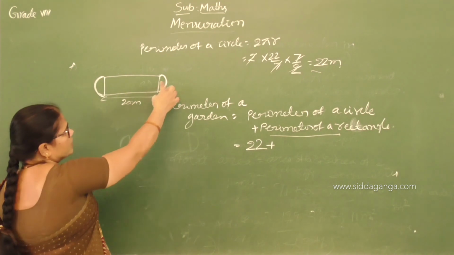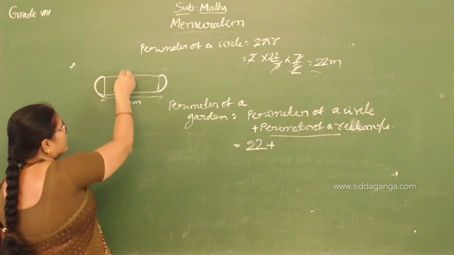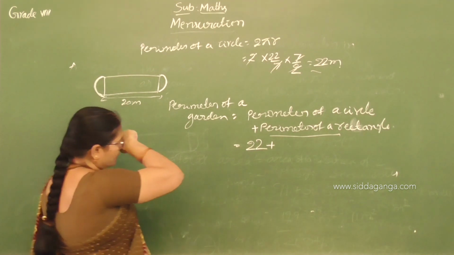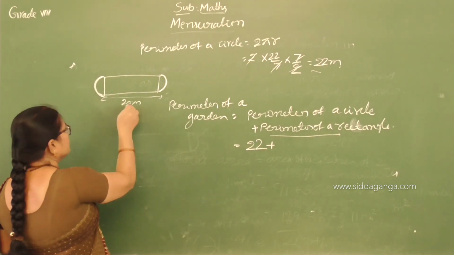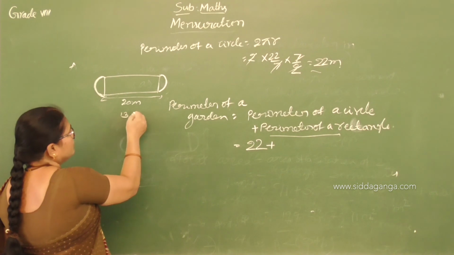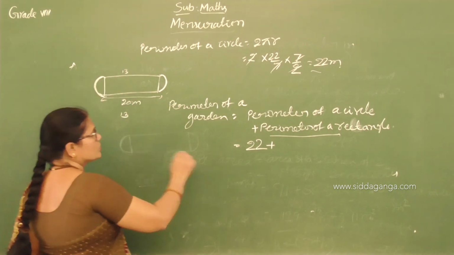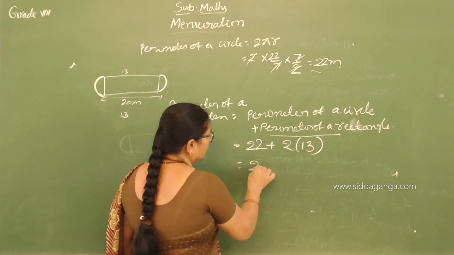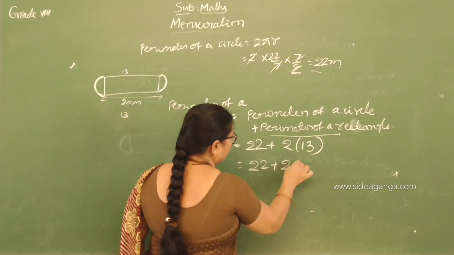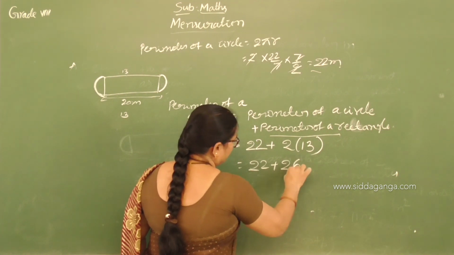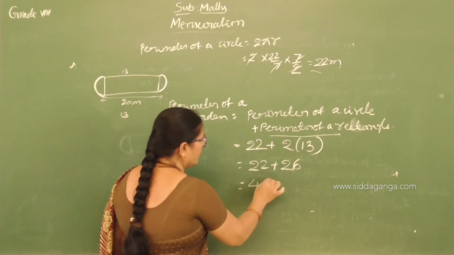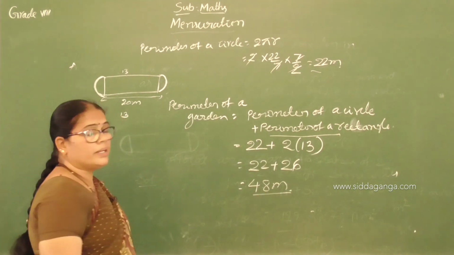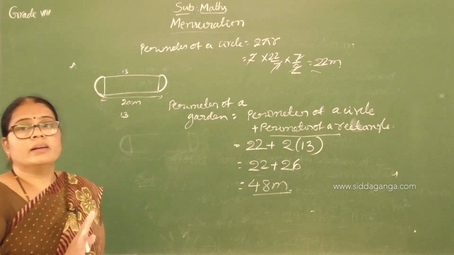Here two semicircles are attached at the two ends, so we can take only the lengths of the rectangular field. This one length is equal to 13, and this one is also 13. So 2 into 13 is 26, and 22 plus 26 will be equal to 48 meters. This is the perimeter of the rectangular garden.